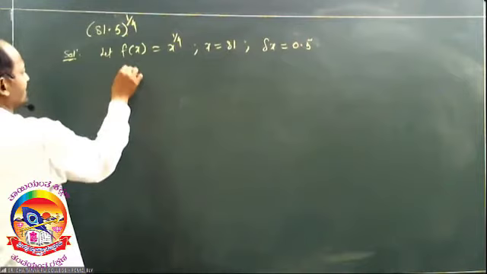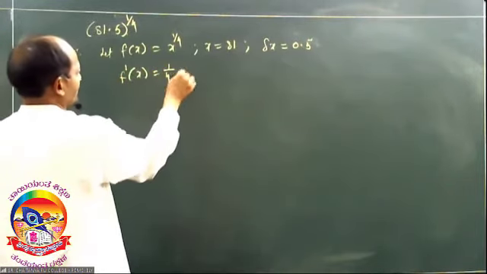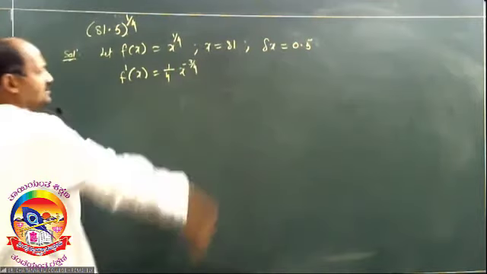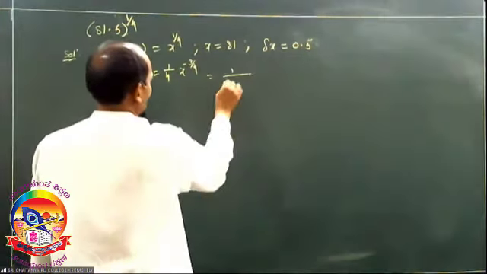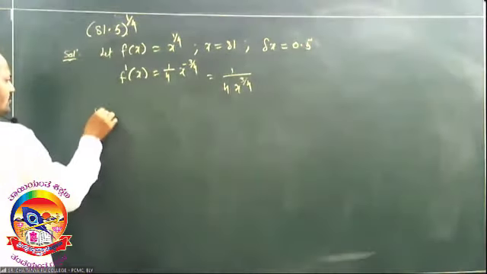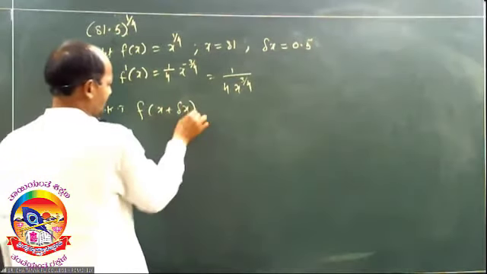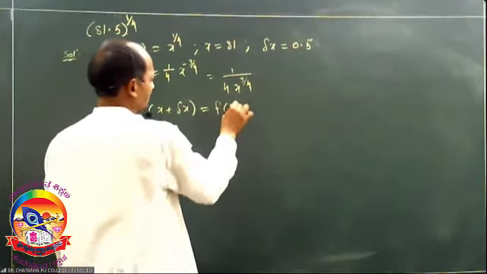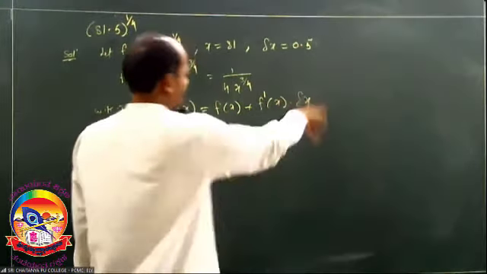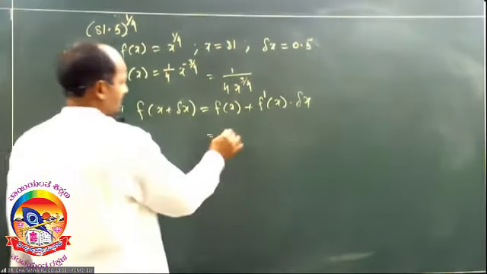Then find its derivative. Derivative of x power 1 by 4 is 1 by 4 x power 1 by 4 minus 1, that is 1 divided by 4 x power 3 by 4. We know that f of x plus delta x is equal to f of x plus f dash of x into delta x. What about f of x?